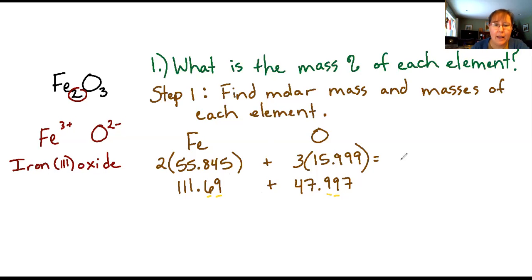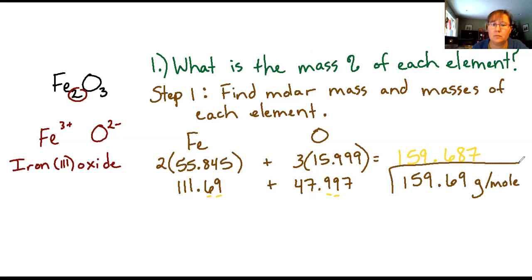What I get here is 159.687, but I can only have the 5 significant figures, so this becomes 159.69 grams per mole. And then I have my iron and my oxygen.